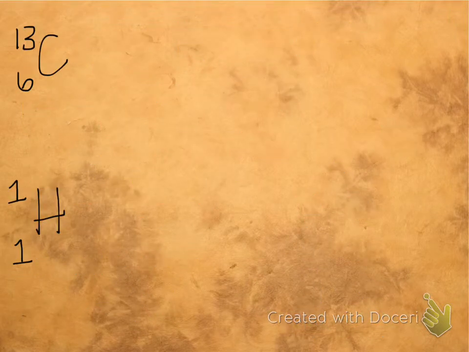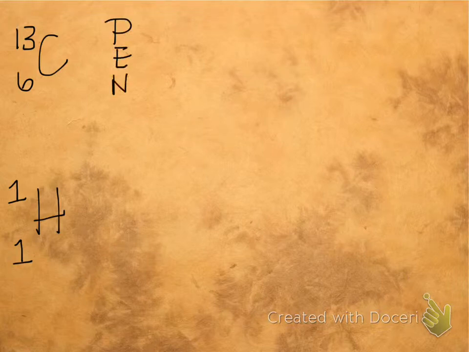Here's another example with the 13 up there at the top. This is carbon with an atomic mass of 13. The atomic number is going to stay the same because it is carbon. We're going to solve again for protons, electrons, and neutrons. Protons still come from the atomic number, which is your subscript.